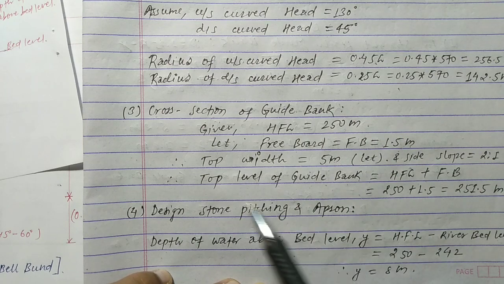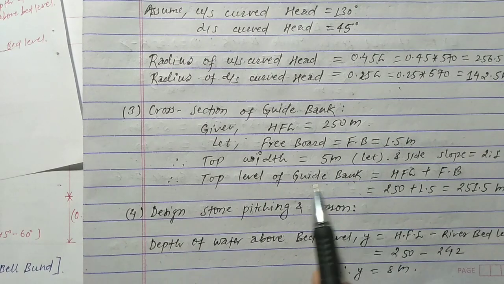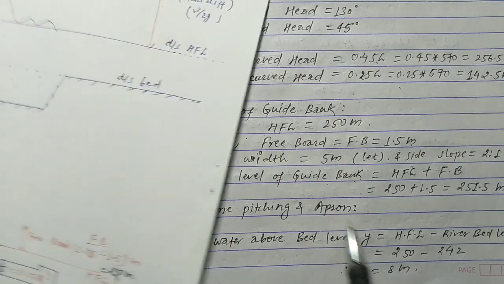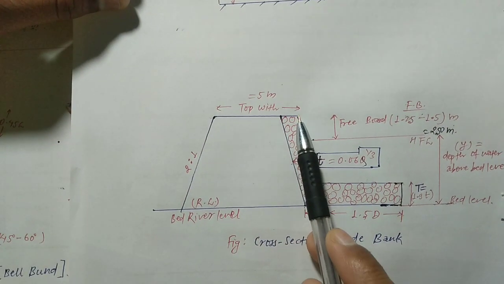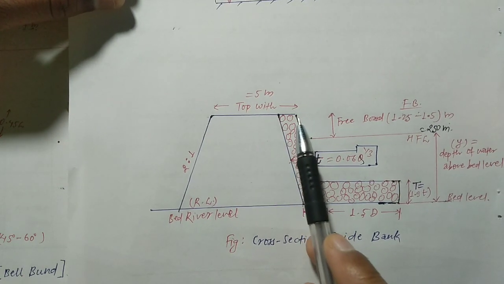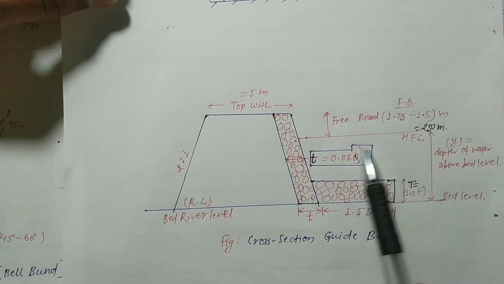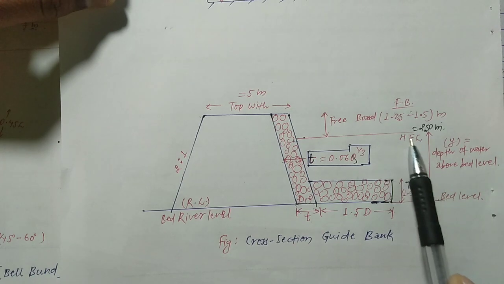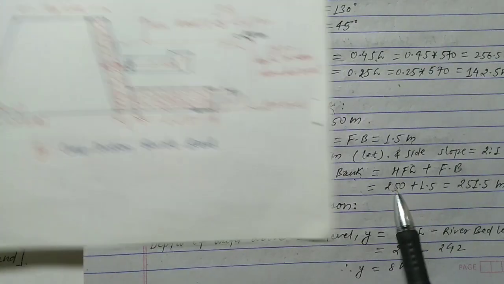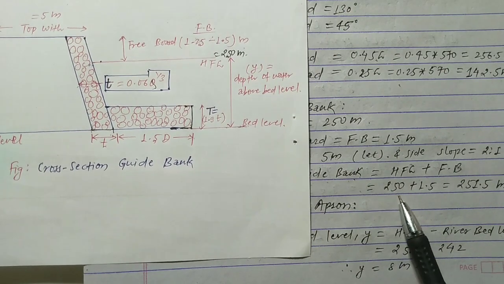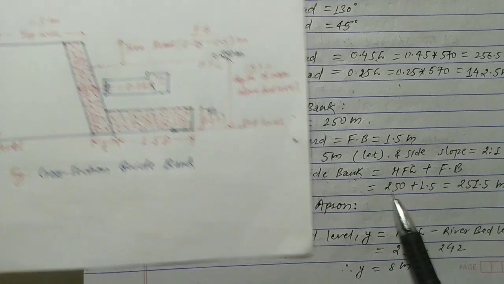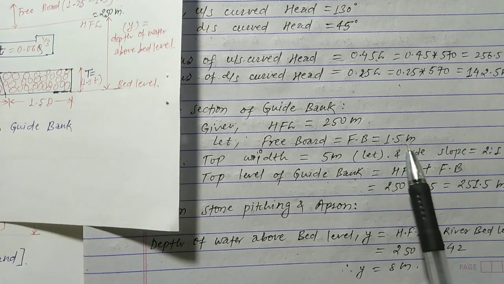Now we have to calculate the top level of the guide bank. Okay, simply you can calculate this top level of the guide bank. This value is simply calculated by adding the freeboard to the HFL. Okay, the value of HFL is given in the question as 250, plus freeboard. Freeboard we have already assumed as 1.5 meter.